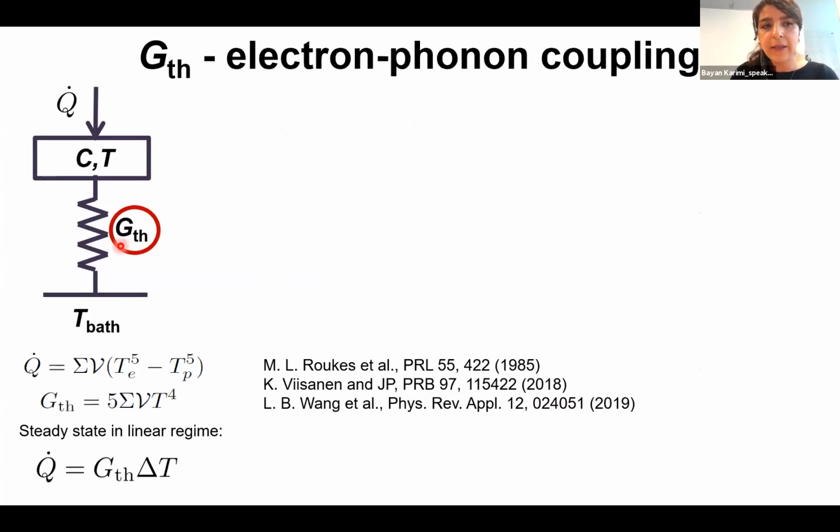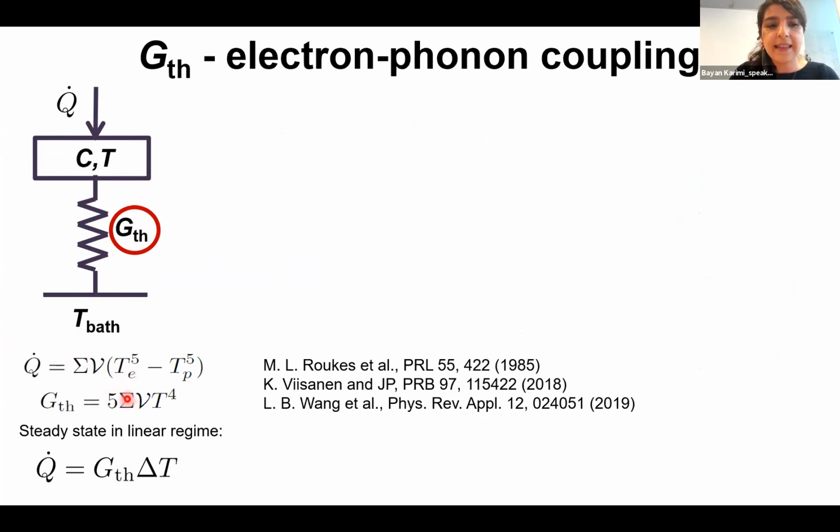Another important setup is the thermal conductance. This is the thing that we want to have. This is a very well-known relation for the absorber, which is coupled to the phonon bath. The important parameters here are the electron-phonon coupling constant and the volume of the absorber, and it is proportional to the fifth power of the electron temperature.